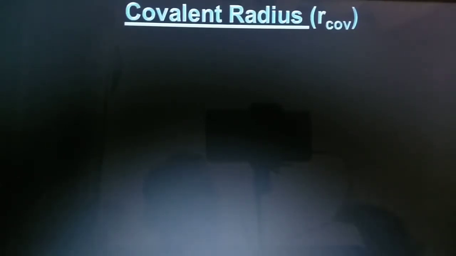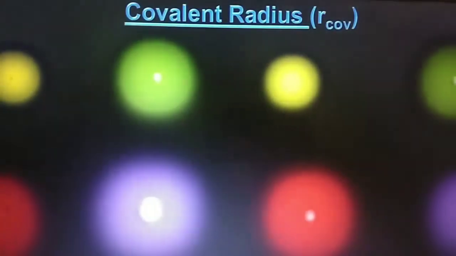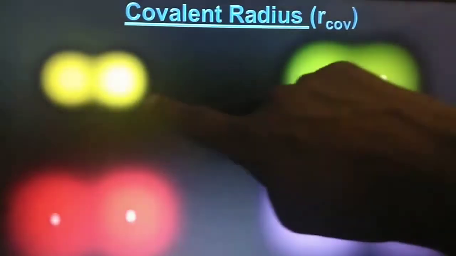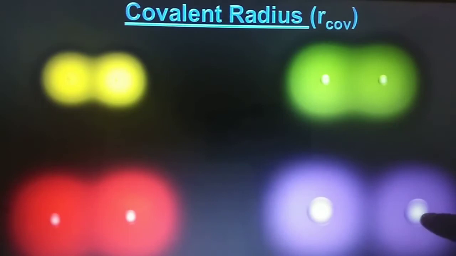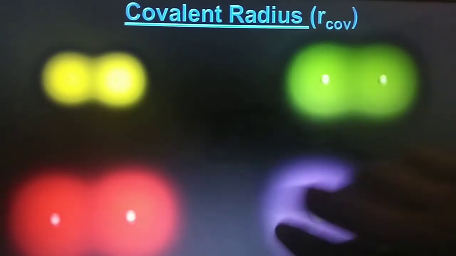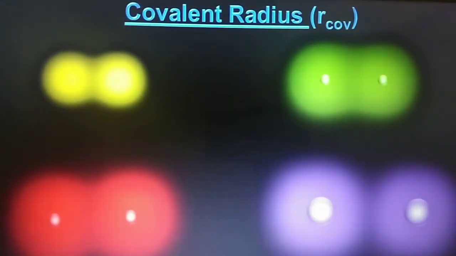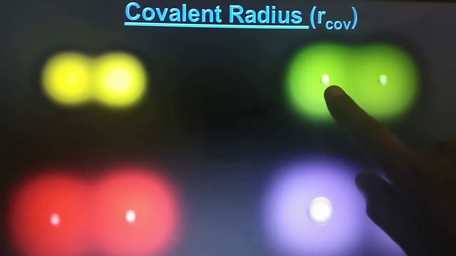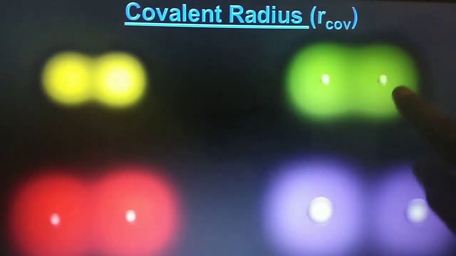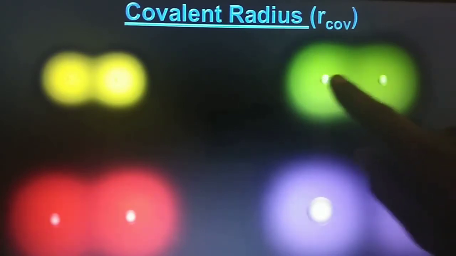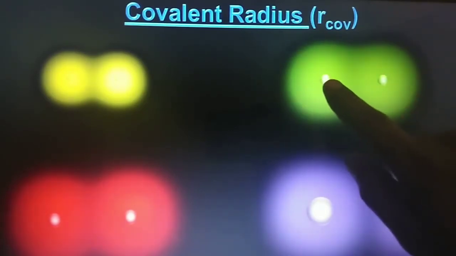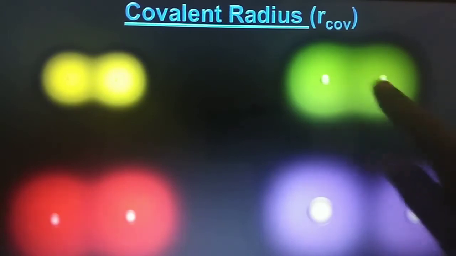Now when atoms join together to form molecules, like here in this animation we can see the yellow atoms are fluorine, then chlorine, bromine, and this purple one is iodine, sorry. When they combine together to form molecules, there is a combination of two atoms, and the distance between the two nuclei of the bonded atoms, right?